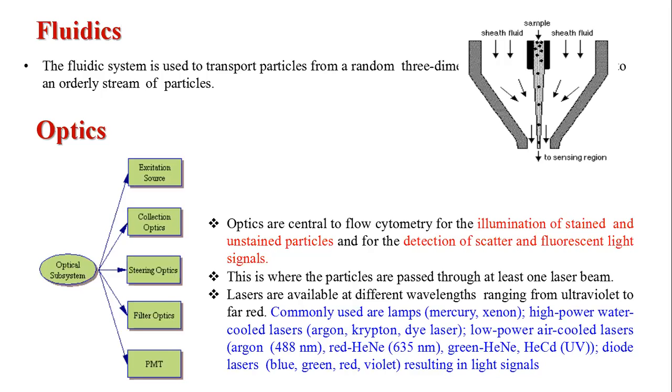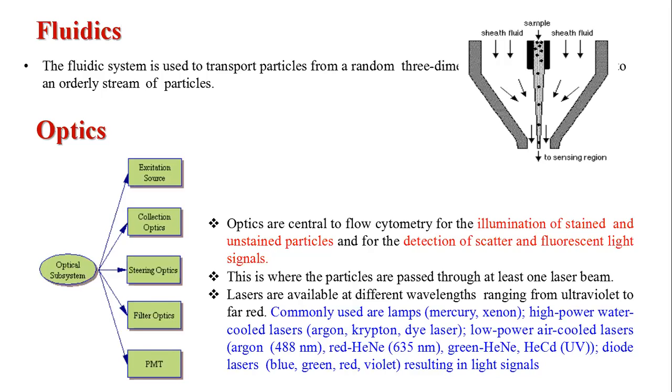Those particles that are unstained, meaning not tagged with antibody, will not illuminate. So for the detection of scatter and fluorescent light signal, we can use this optic system. And this is where the cells are passed through at least one laser beam. So there are 4 laser beams, and they should pass at least one laser beam.